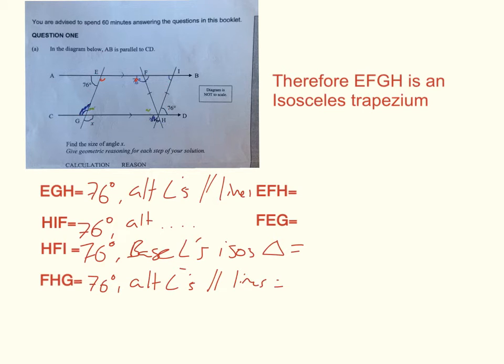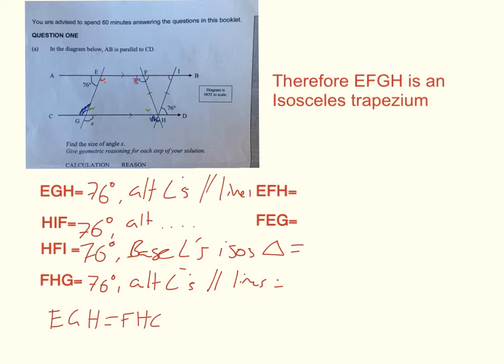Now, if you can't see that, see this angle here and this one here, they are a Z and they're on parallel lines. Okay, so that means that we can now say that these two angles in here, this one here and this one here, they are equal. So I can say EGH equals FHG, and I'm halfway there.